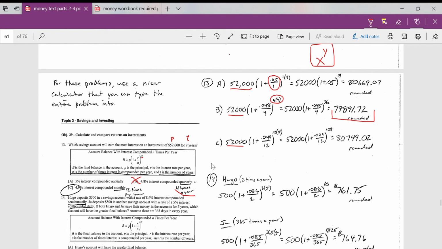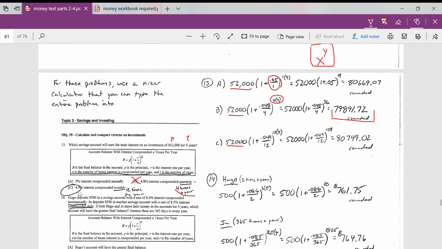And then the last choice is 4.9% interest compounded monthly. Now, once you learn more about interest and compounding, we could have probably eliminated B right away.